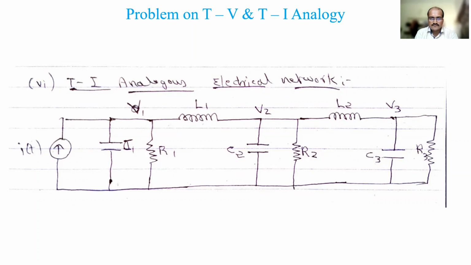Then we have taken up the problems on each of these: FE, FI. This is the main focus here. Where force is there, you replace it by voltage, along with other elements as seen in the problem. If torque is there, voltage. Then in the FI analogy, wherever force is there, current, along with the remaining elements.